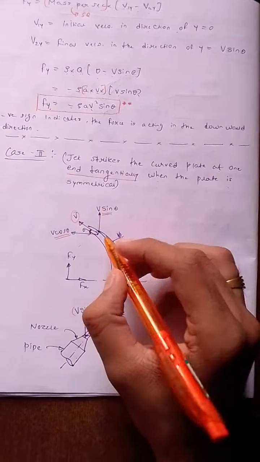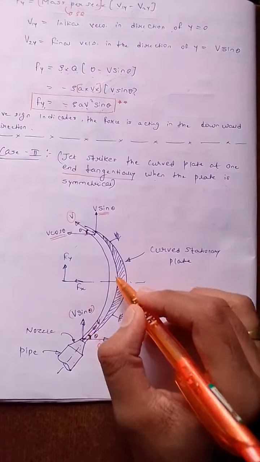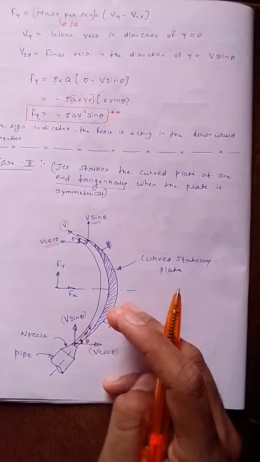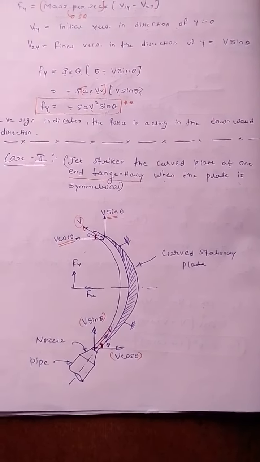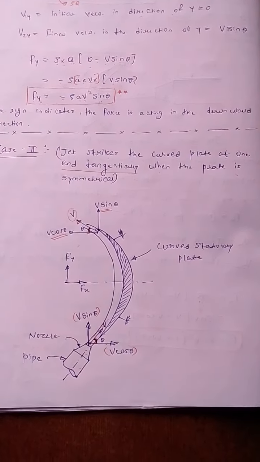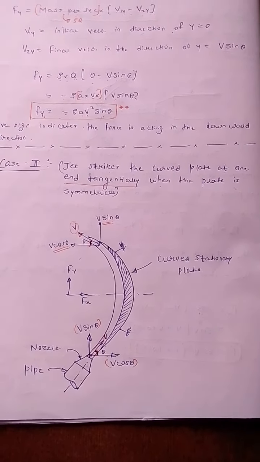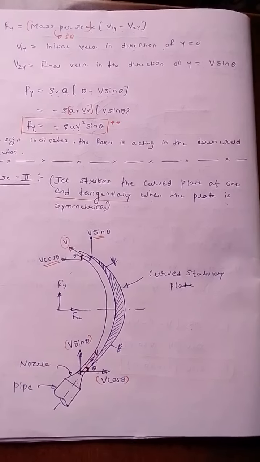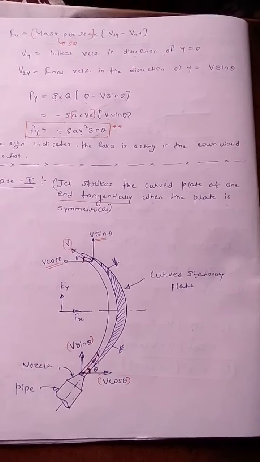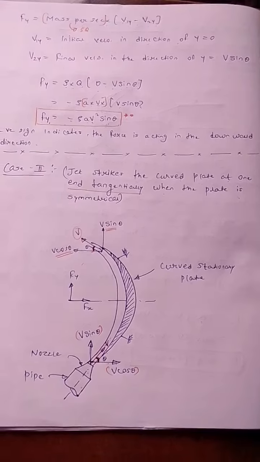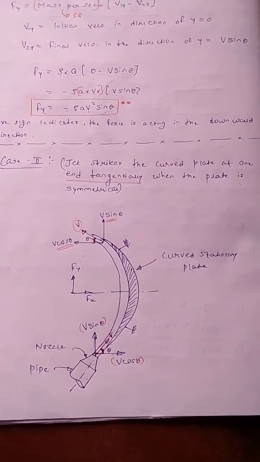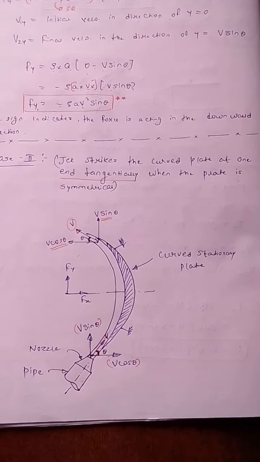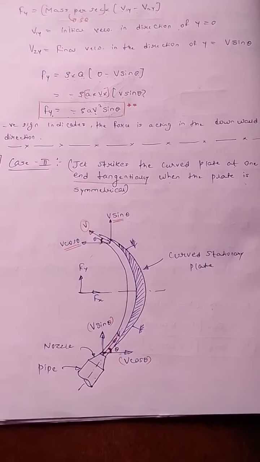We are assuming that the loss of energy along the surface is zero. So the velocity with which the jet enters the curved surface will be the same as the velocity leaving from the outer or upper end. There will be no decrease in the velocity, since we are not considering the loss of energy.